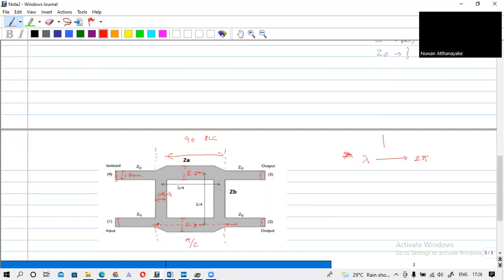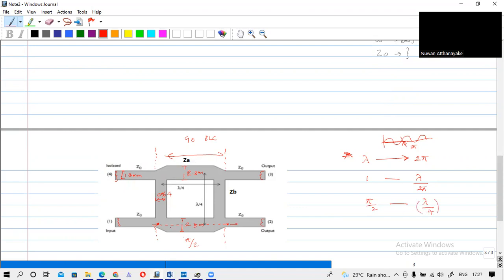These are sinusoidal signals, and this phase shift happens due to propagation delay. So for 1 radian we have lambda over 2π, and for a π/2 phase shift we should have lambda by 4 length.